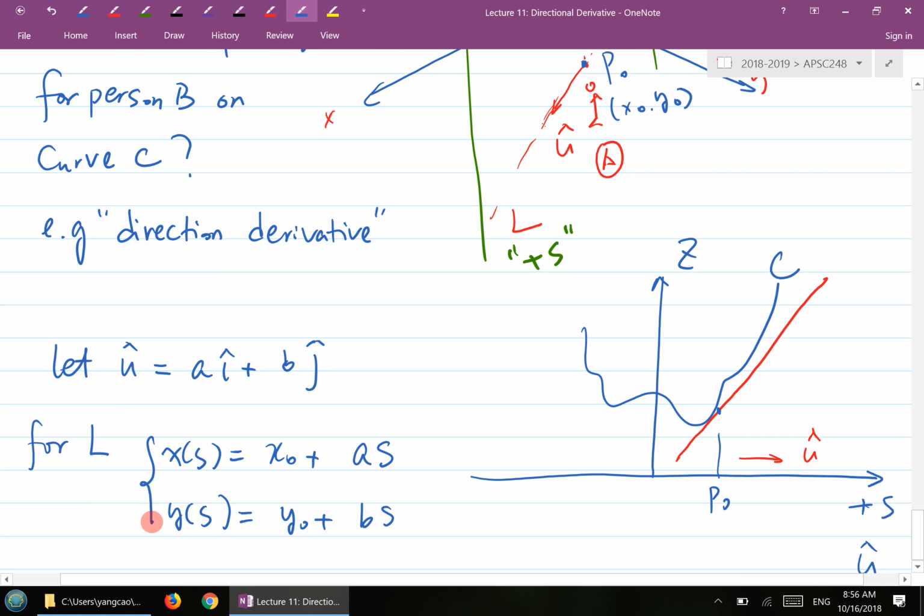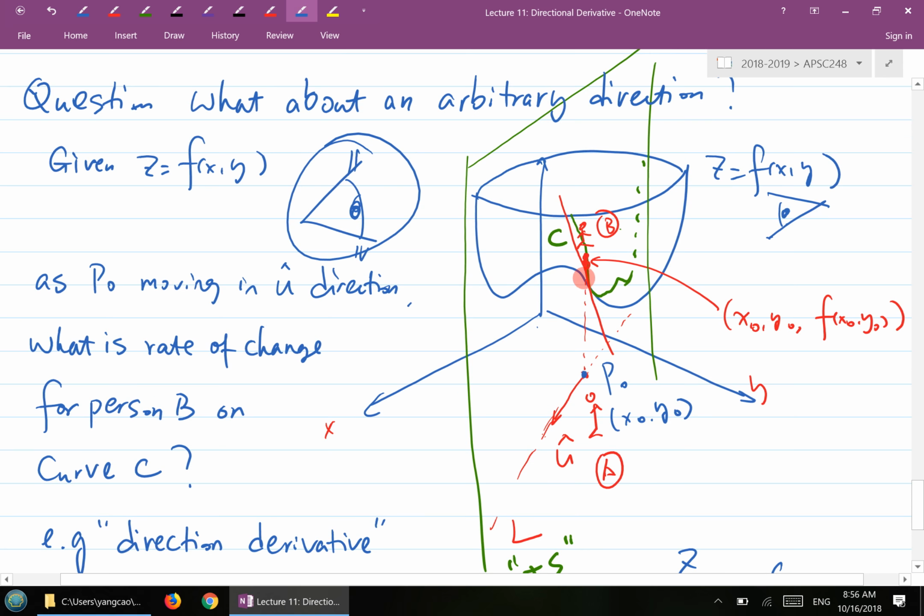I'm going to use this line equation to prove the formula for the directional derivative. So let's get back to the directional derivative concept. We're talking about the rate of change of this curve C as you're moving in the positive s direction. Now, if you recall, this C is not a special C. This C is still on that surface z equal to f.